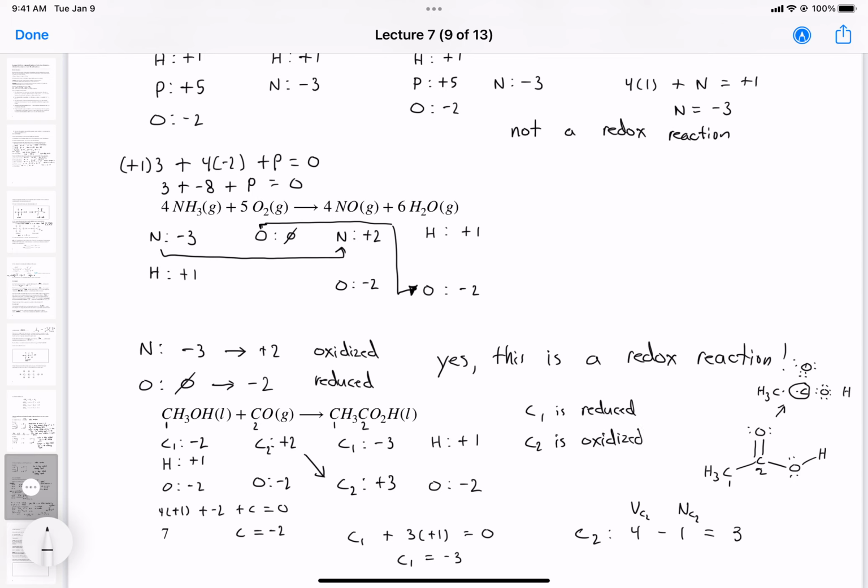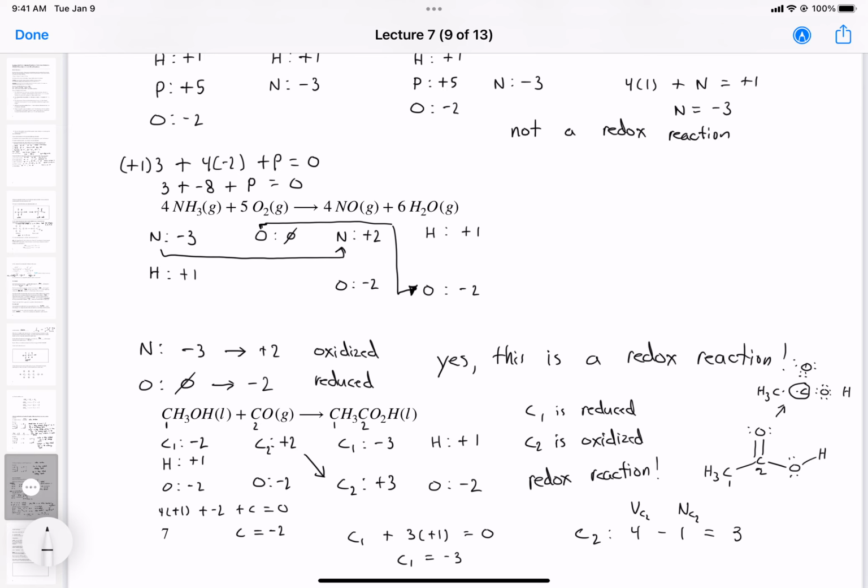So even though we have the same element both being reduced and oxidized, that's okay because there are two different types of carbon atoms. So it's fine to say one's being reduced and one's being oxidized. Okay, so this is also a redox reaction.